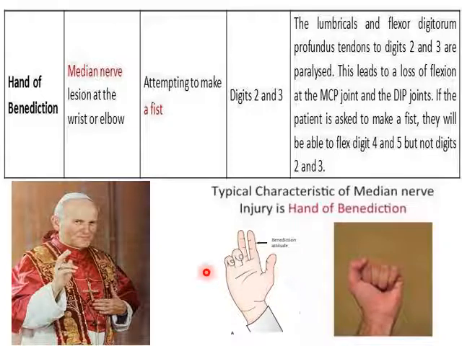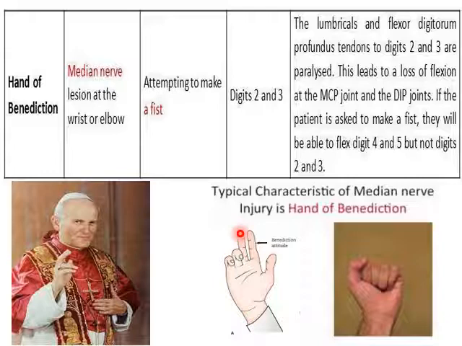This Benedict's hand, or the hand of benediction, is seen when the lesion to the median nerve is at the wrist or at the elbow. This is because the lumbricals and flexor digitorum profundus tendons to the second and third digits are paralyzed.